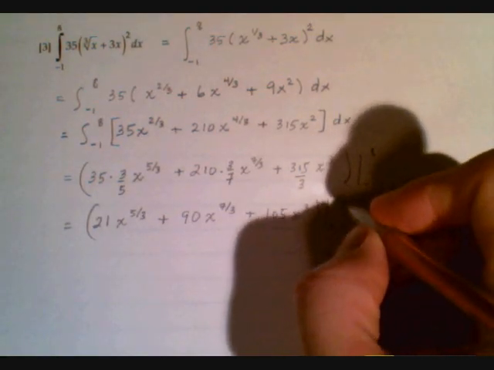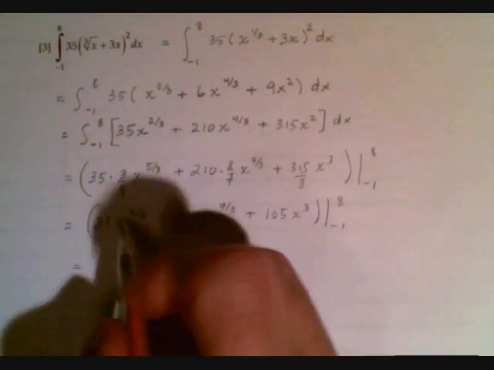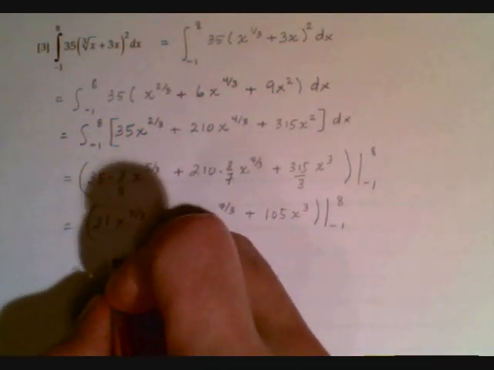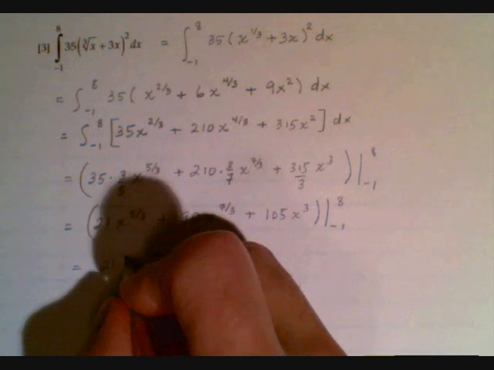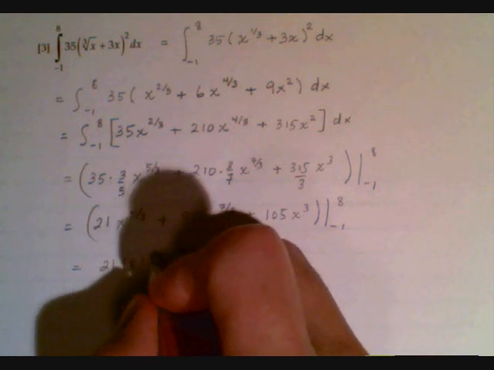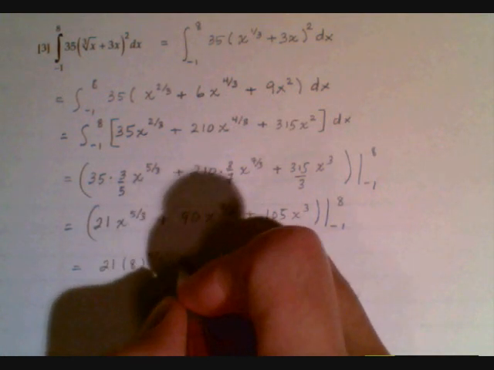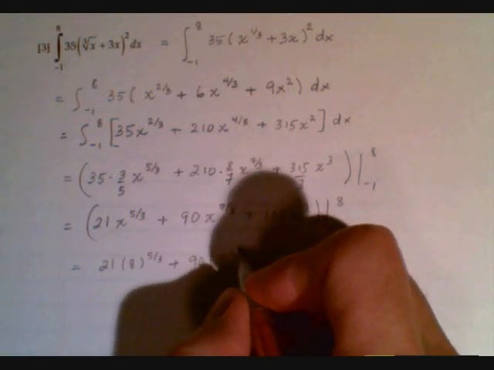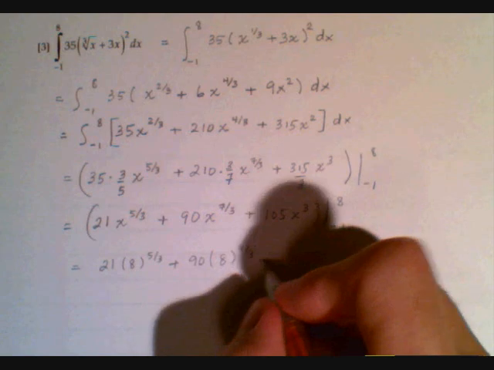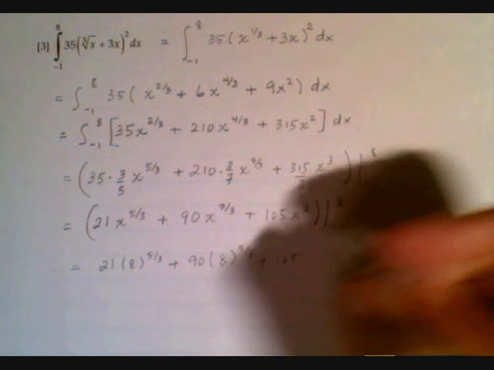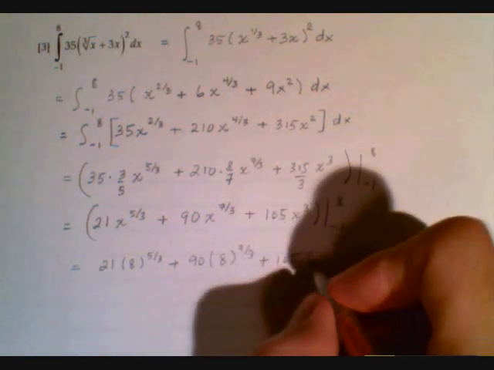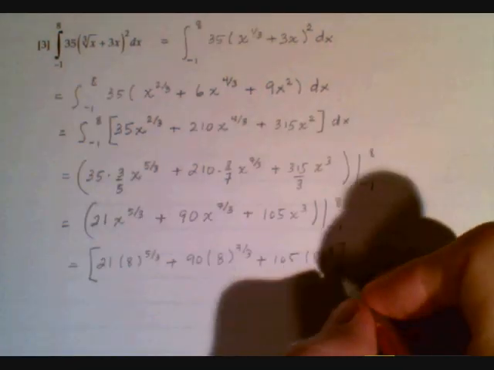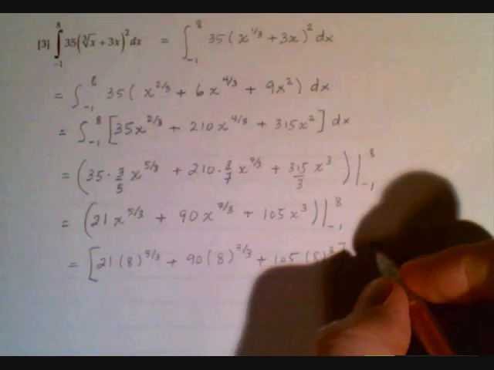Okay, first evaluate the antiderivative at 8. Oh yeah, I'm going to be using a calculator here. Then subtract what you get when you evaluate at -1.